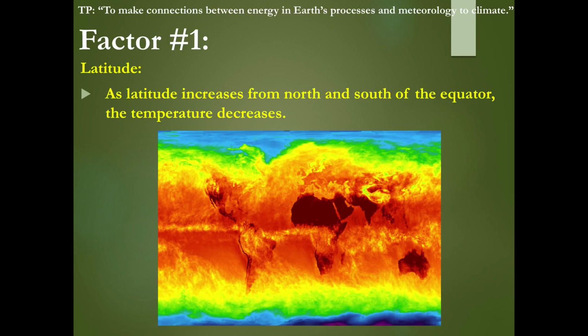We'll learn with astronomy that on June 21st, this factor really pertains to the Tropic of Cancer, so anything north or south of 23.5 degrees north latitude will have a decrease in temperature. On December 21st, anything north and south of the Tropic of Capricorn will have cooler temperatures.